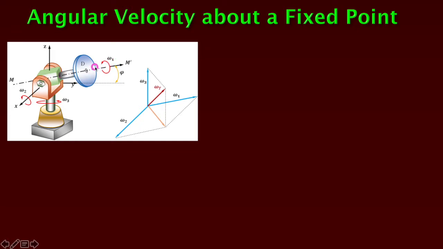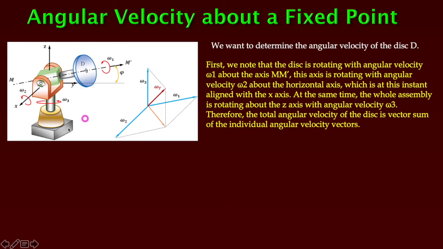Again, this is also rotating about another axis x at angular velocity omega 2, and the entire setup is rotating about z axis with angular velocity omega 3. Now we have to find out the angular velocity of the disk, which is the vector sum of the angular velocity of all the other velocity vectors.